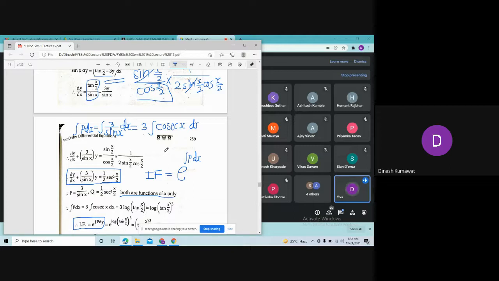Yes, what is integration of cosec x? Doesn't anyone know?